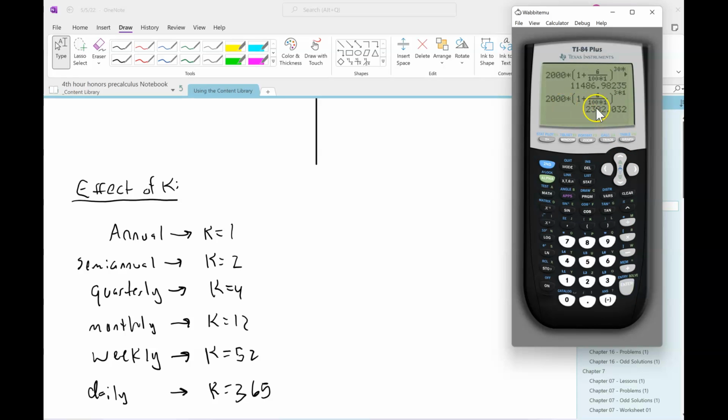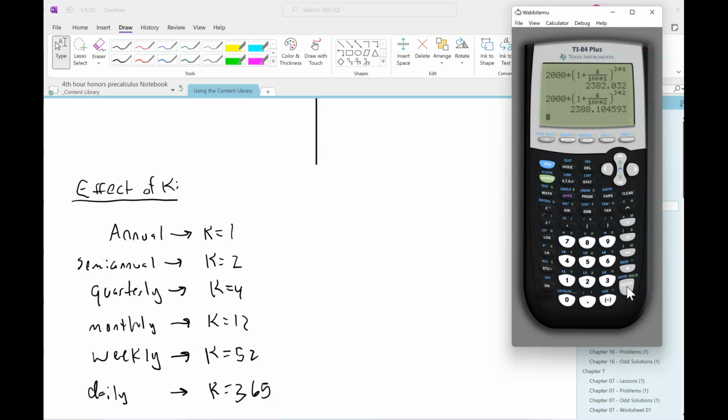So when it was annually, we got 2,382 bucks. If I change that now to semi-annually, I'm just going to replace the 1s with 2s. You think it's going to be small change, medium change, big change? Let's see.